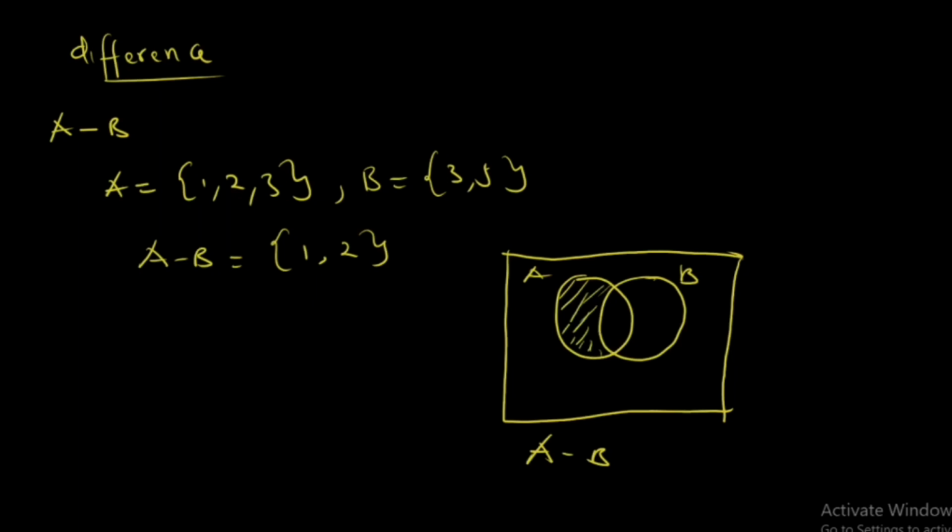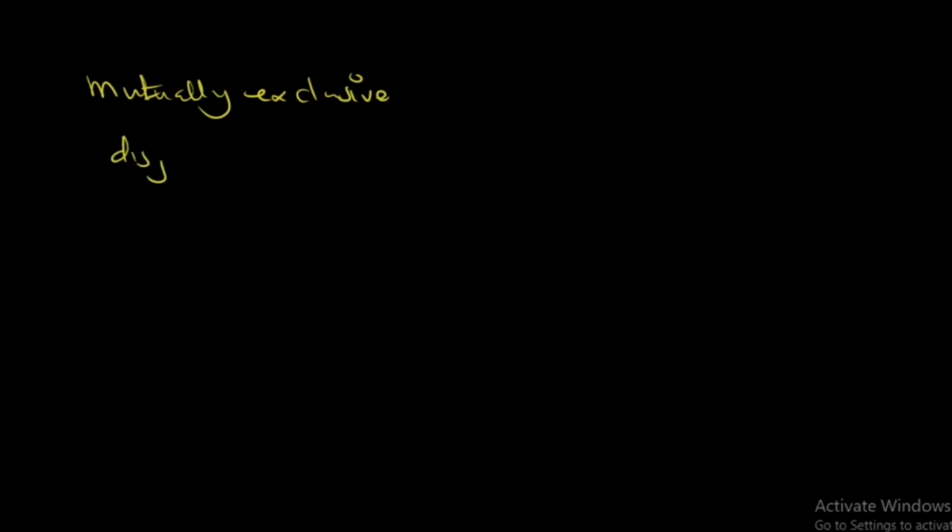Let's move on. We have something called mutually exclusive sets. Two sets A and B are mutually exclusive, or disjoint, if they do not have any shared element. Their intersection is empty.